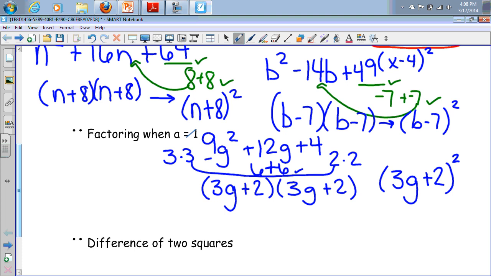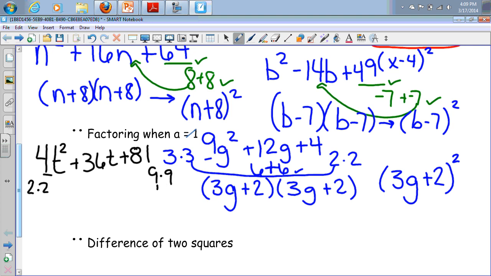Okay, let's try one more of that. 4t squared plus 36t plus 81. Okay? 4 is a perfect square, 2 times 2. 81 is a perfect square, 9 times 9.